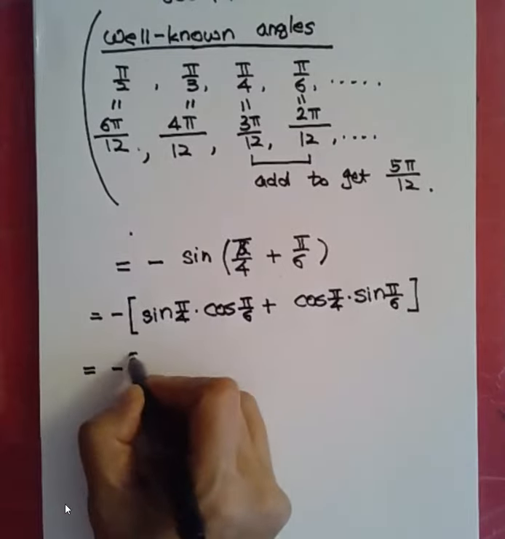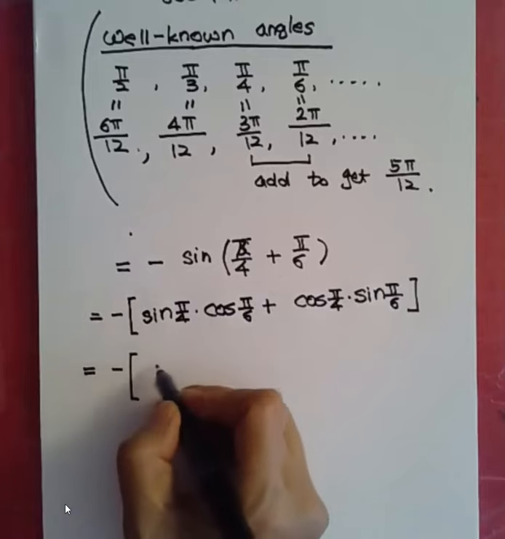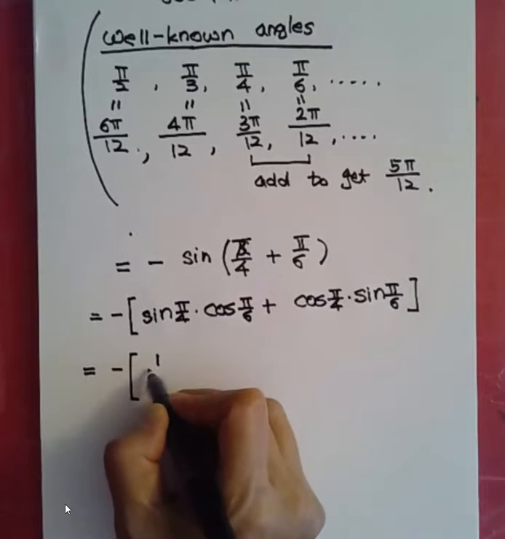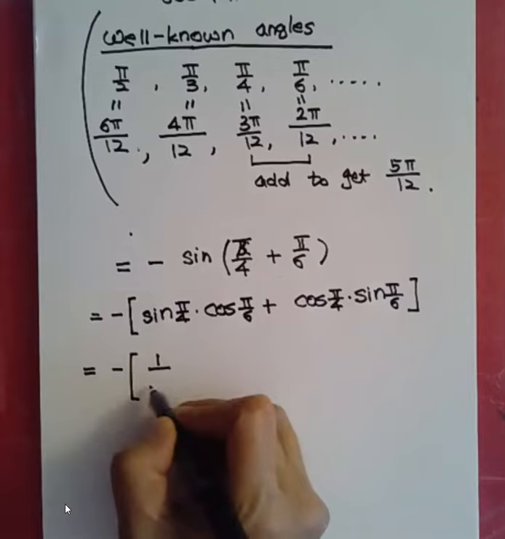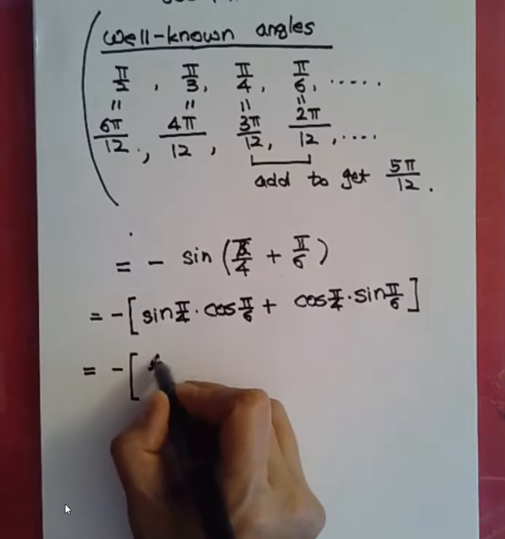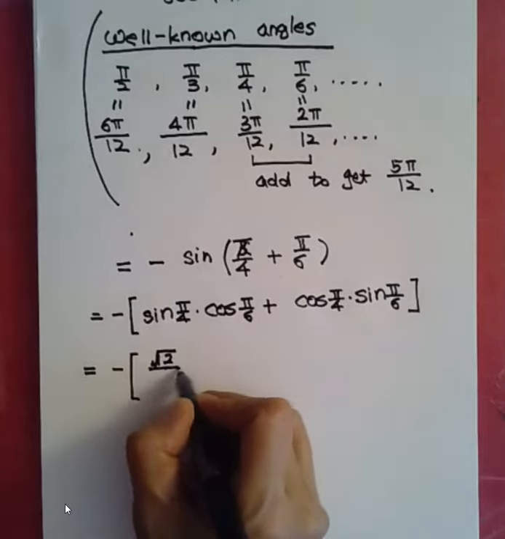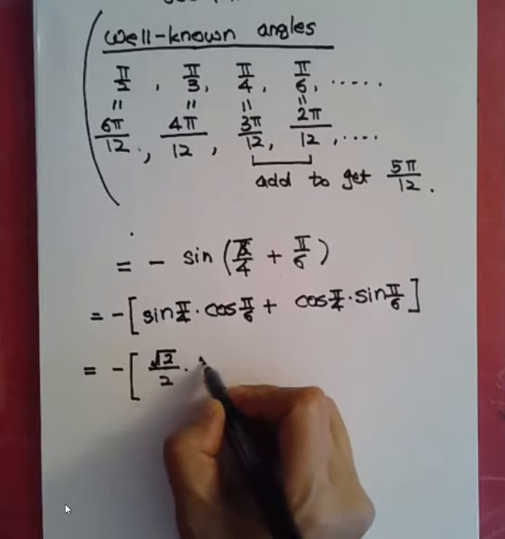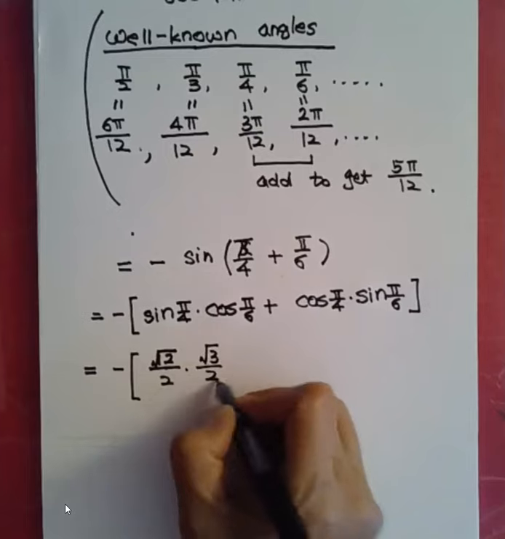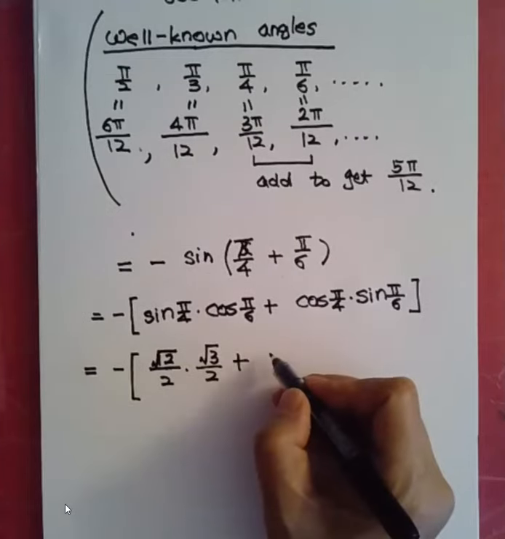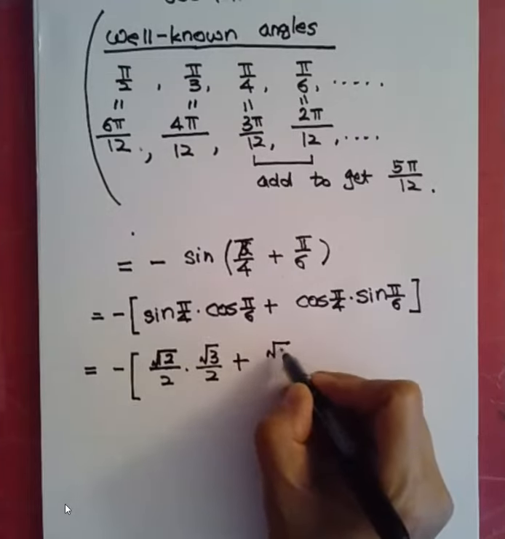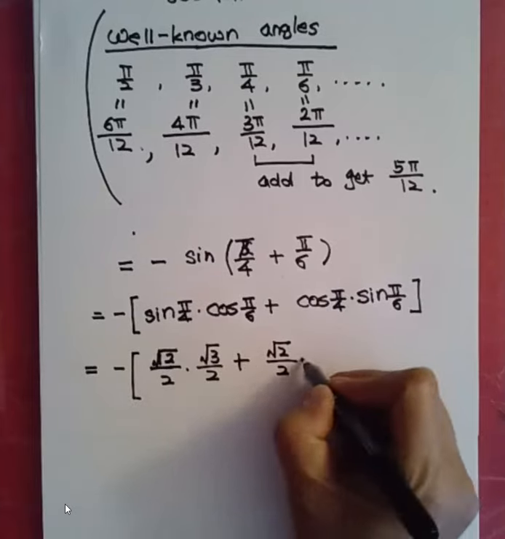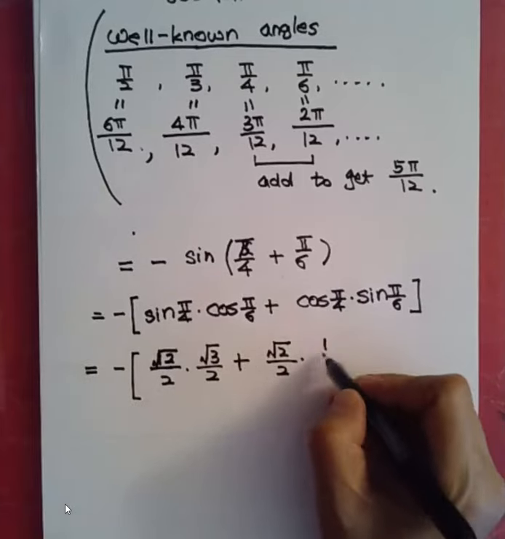So that is minus, sine of pi over 4 is 1 over square root of 2, and we could rationalize it as square root of 2 over 2, times cosine of pi over 6 which is square root of 3 over 2, plus cosine of pi over 4 which is again square root of 2 over 2, times sine of pi over 6 which is 1 over 2.